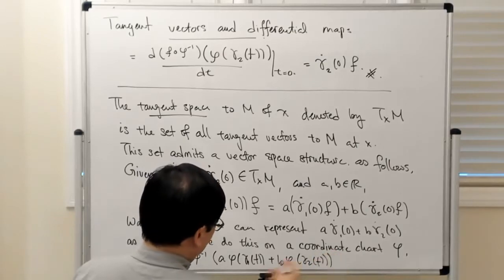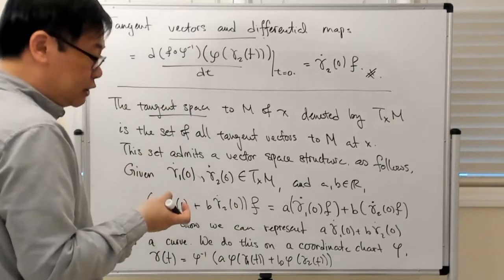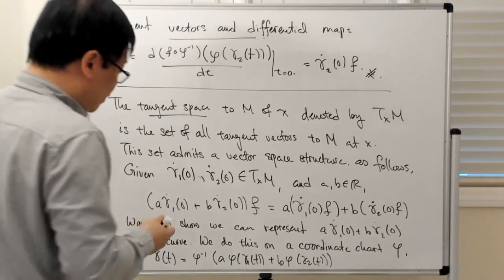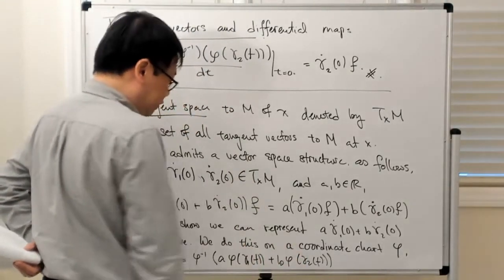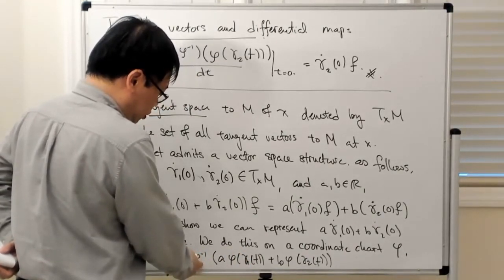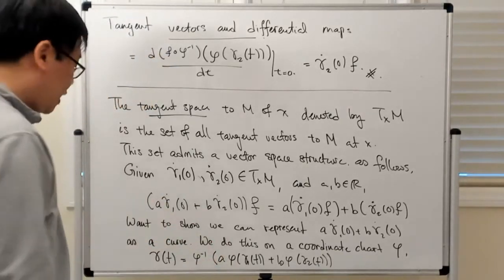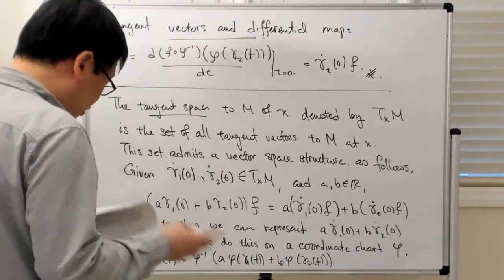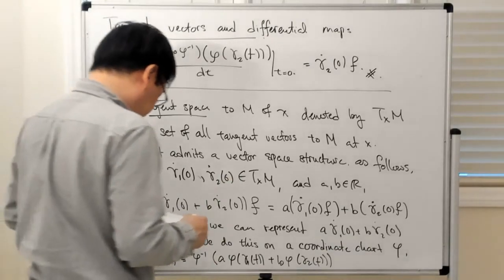The point is that if you have a curve, which gives you a point in a manifold, you can apply the chart to it, and that gives you a point in Rn. So you now have two points in Rn, which I can take linear combinations of using the linear structure of Rn, and then I take the inverse coordinate chart to give me a curve back on M. And that's basically the candidate thing. And you can check that this has the property you want it to have. Okay?